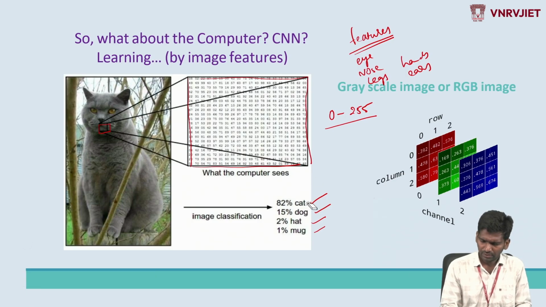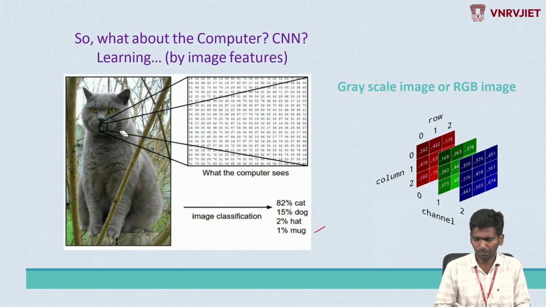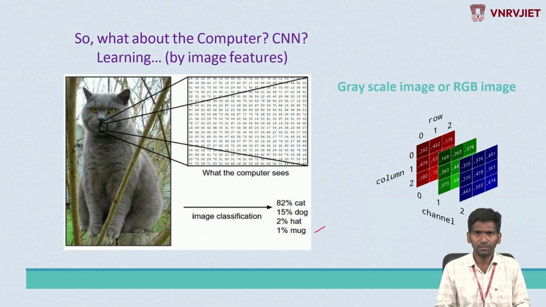The takeaway here is that we are considering the particular features in order to train the model properly. All those image values range from 0 to 255.